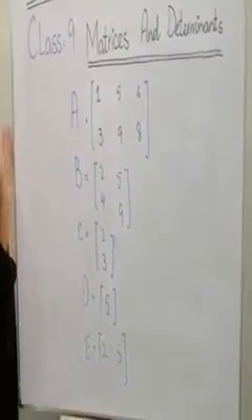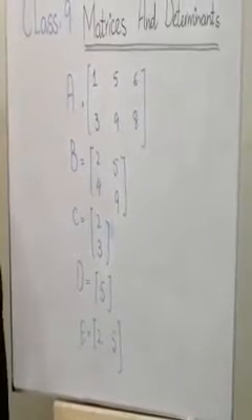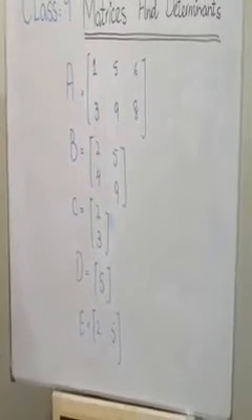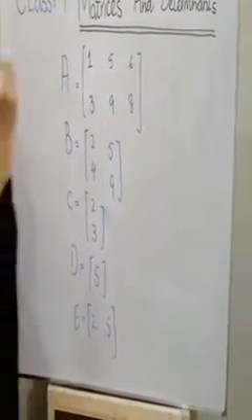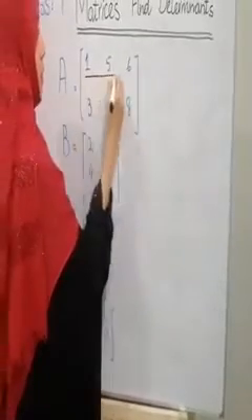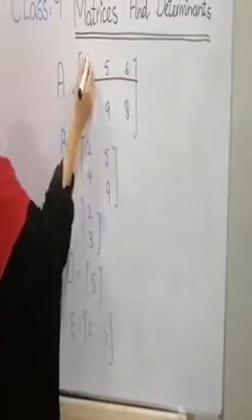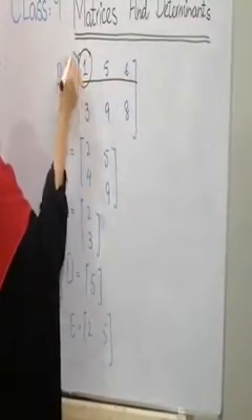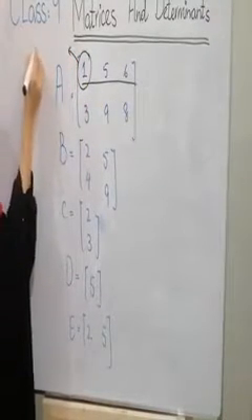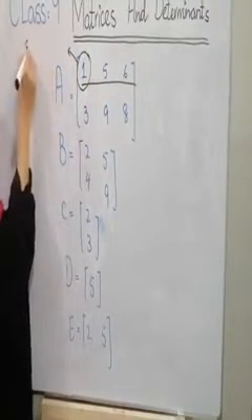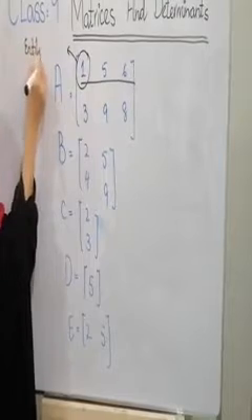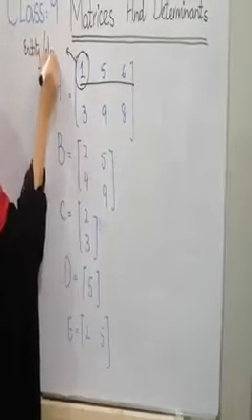Okay, now move on. What are rows and columns? Every element, every value is called an entry or element.